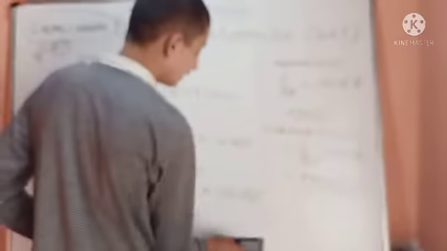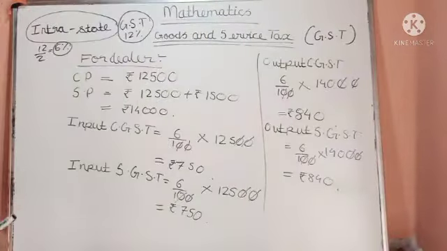Now we have to calculate a very important thing: the tax paid to the central government and the tax paid to the state government by the dealer.